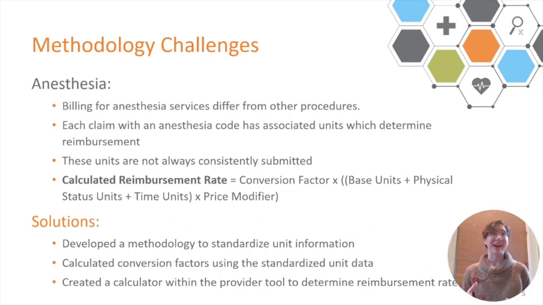But on the plus side, the way it's calculated, we were able to put all anesthesia codes together to get a large enough group of information. And then we used the standard reimbursement formula. We reverse engineered it into estimating a reimbursement rate for anesthesia in general, and put on the website a formula that allows you to look at what that would mean for different types of anesthesia under different conditions.